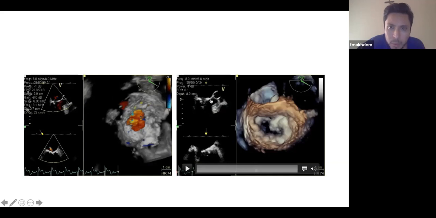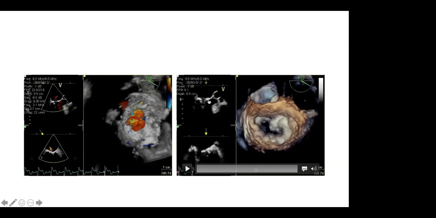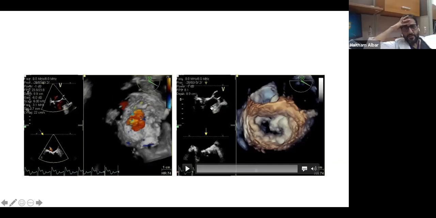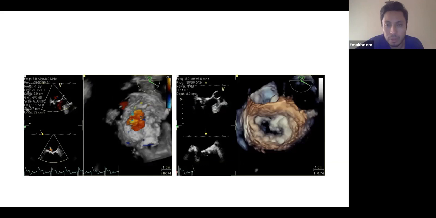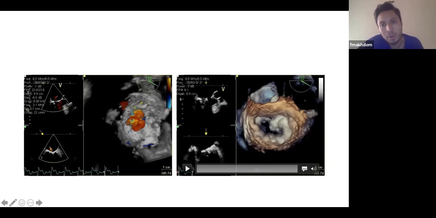Where is this leaflet going to go? It will obstruct the outflow. This is the Achilles heel for transcatheter mitral valve implantation: LVOT obstruction or LVOT gradient. That's why with surgery you can resect the leaflet, and then implant the prosthesis.